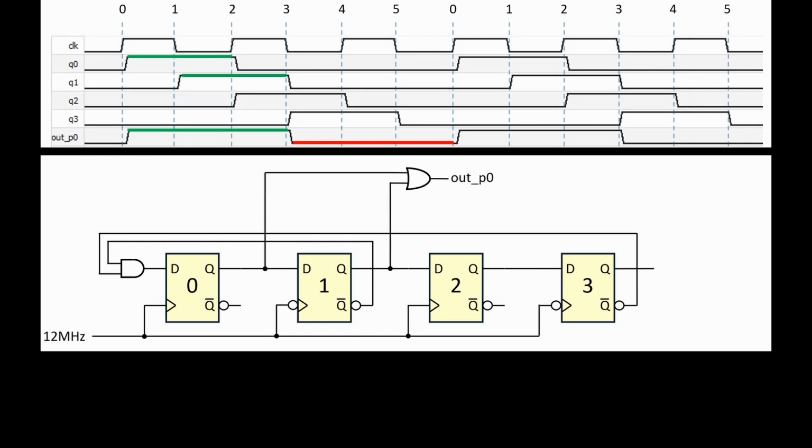This output is considered glitch-free because Q0 and Q1 never transition at the same time, so there's no possibility of a glitch. We've basically divided the 12 MHz oscillator by 3 to get a nice 4 MHz signal at a 50% duty cycle for our pixel clock line.